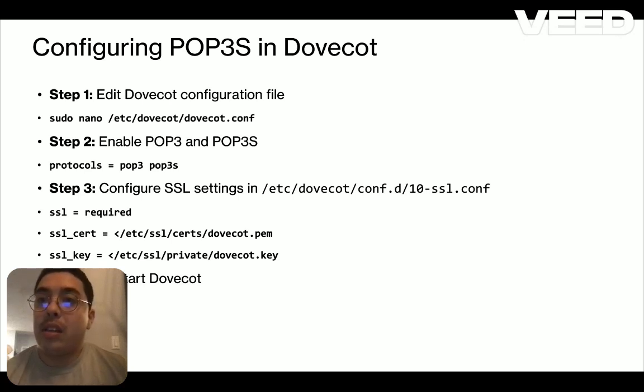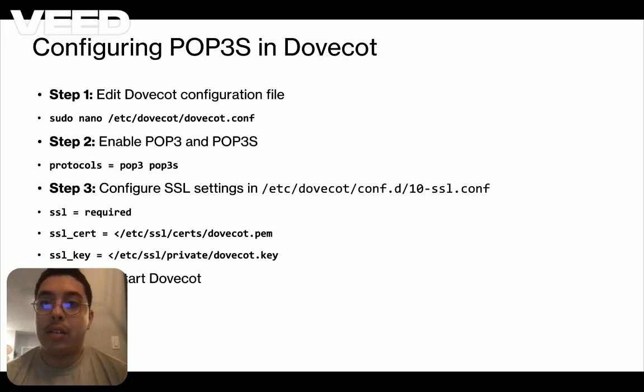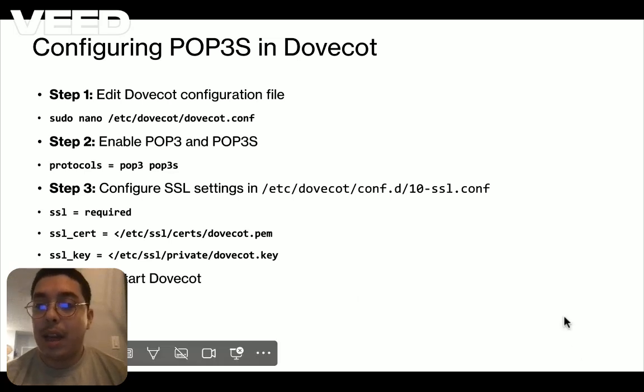As you can see, these are the steps. First, you'll edit the Dovecot configuration file, then you enable POP3 and POP3S, then configure SSL settings in the script above, and last you'll restart Dovecot.